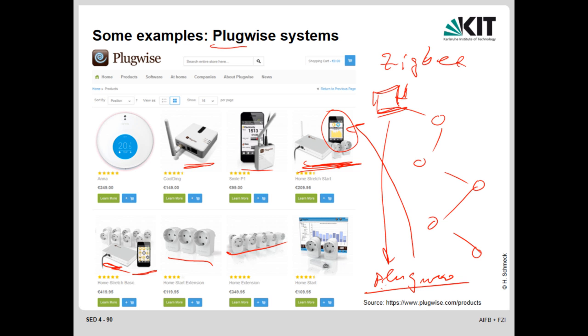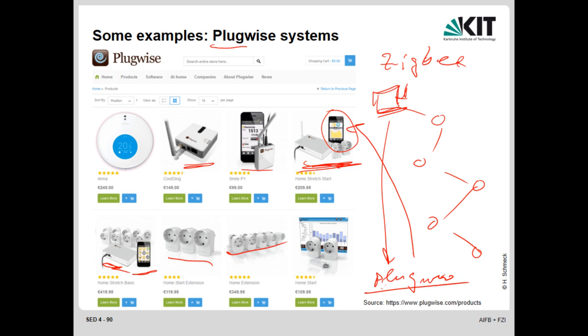And it means all the information of the plugs is sent to Plugwise. This is at a resolution of a few seconds, depends on the number of plugs you have there, because it takes some time to send all the information here. So the more devices you have, the longer time it takes to actually get successive measurements there.